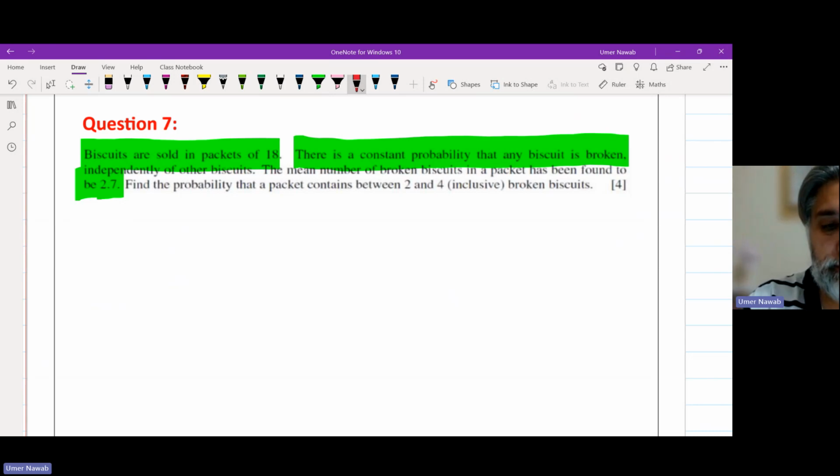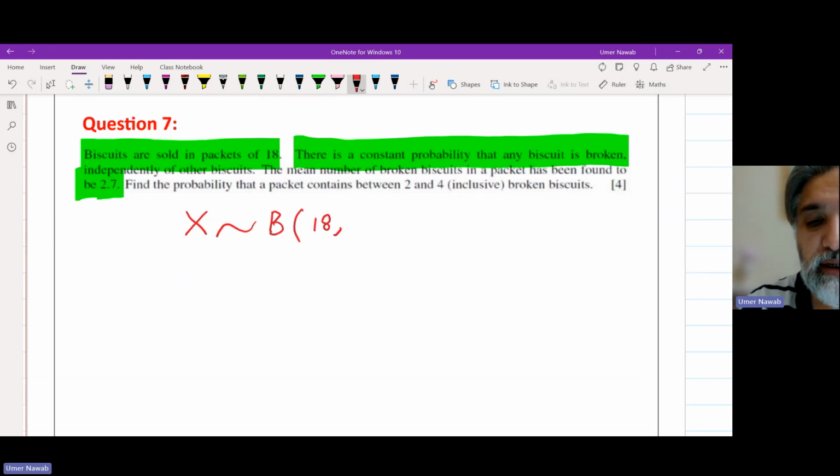He gave you that X represents what? X is the random variable, boys, and it is giving you the number of broken biscuits. Clear? So this is binomial distribution, N is 18, and the probability of success is not provided to you.